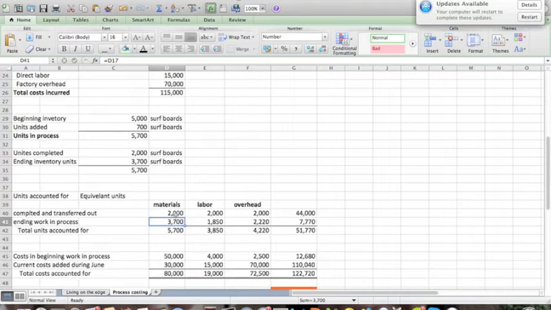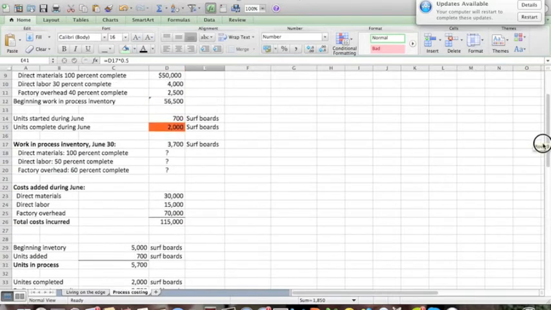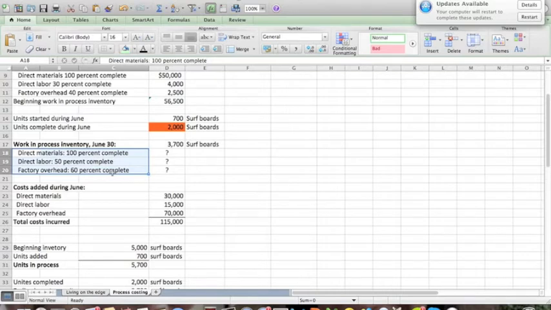Now for the ending work in process, for whatever is left over, we have to look at how complete it is. So we mentioned here that direct materials were 100% complete, direct labor is 50% complete, and factory overhead is 60% complete.